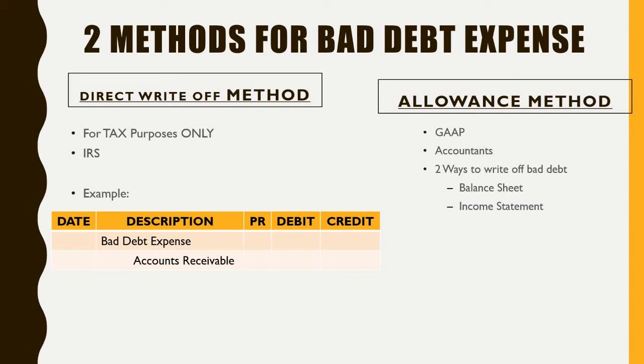The direct write-off is for IRS and tax purposes only, where they write it off automatically. That's on their books, and that's what they can do. But for us, we can't just claim a loss just because we can. The IRS doesn't care about our business.